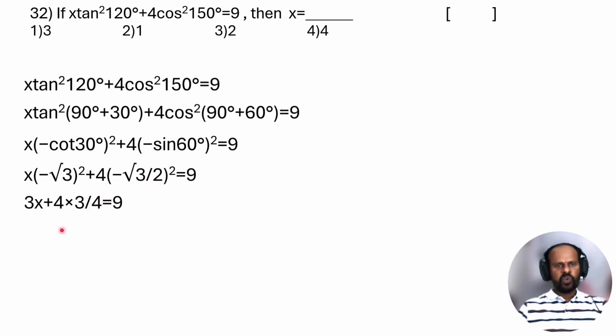The 4 gets cancelled, so the remaining terms are 3x and 3, equal to 9. Now plus 3, let us take that side, so 9 minus 3 becomes 6. Here 3 is multiplying, so we divide on that side: 6 by 3, so x equals 2.